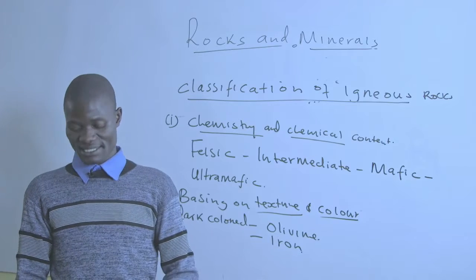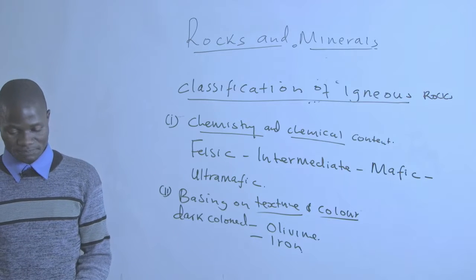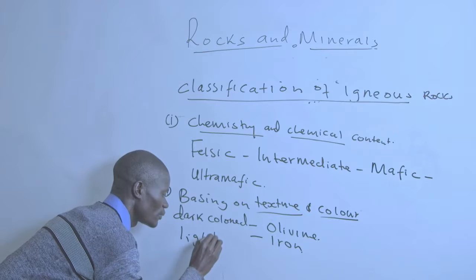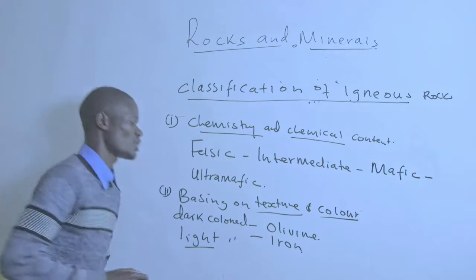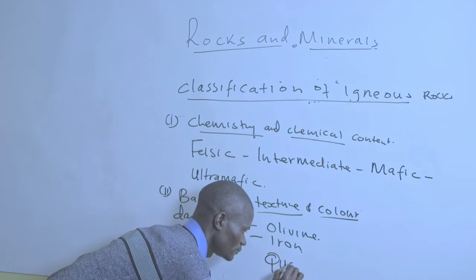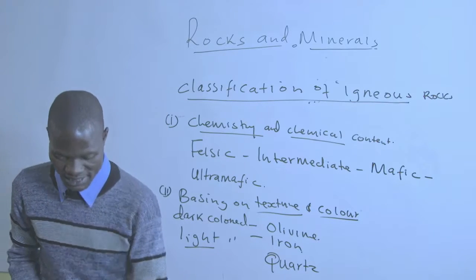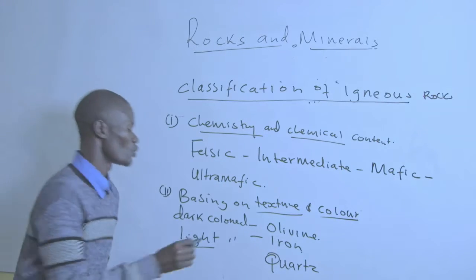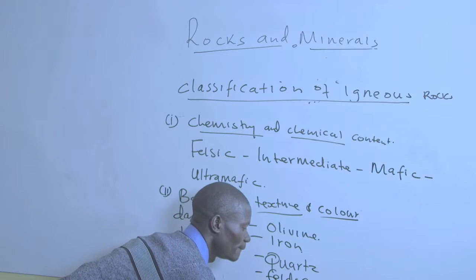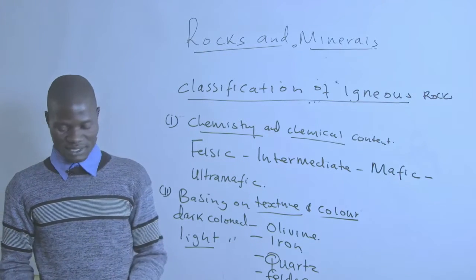While the light colored rocks contain a high level of silica, and a high level of silica lets us look at minerals such as quartz, and also another one, feldspar, basing on color and texture.